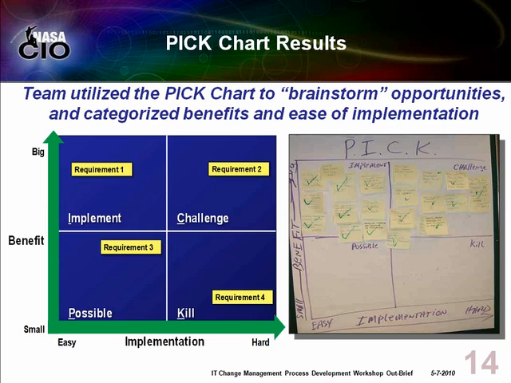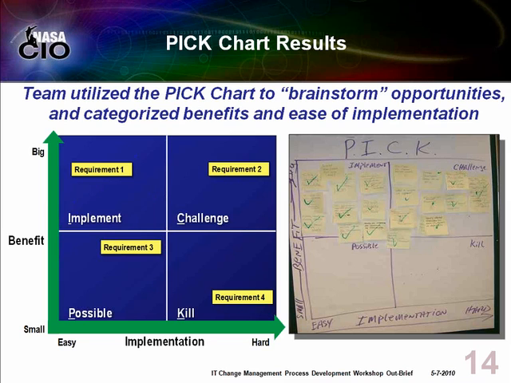Now, we looked at the significance of the benefit as well as the ease of the implementation or complexity of the implementation. And what we decided was, okay, if it's a small benefit versus a big benefit, or if it's easy or hard to do, how do these ideas that we think could resolve some of the issues, where should they fit?